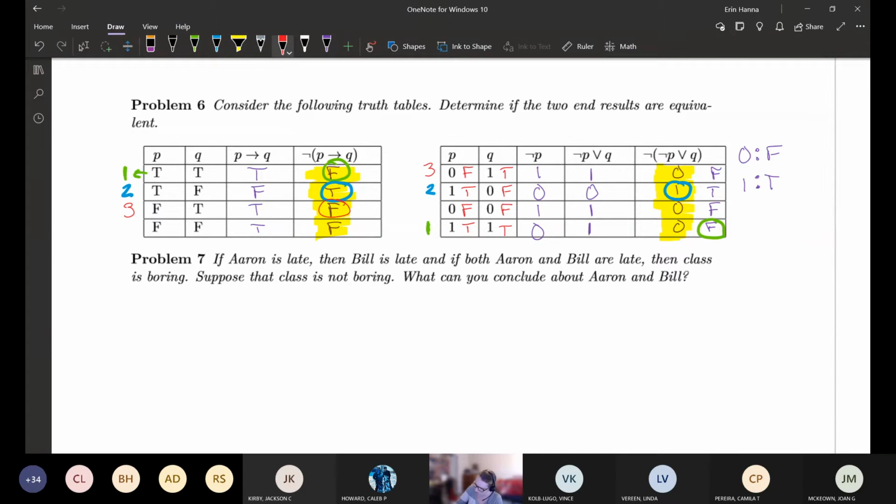So we're comparing a false to a false. That's good. And for the last one, our false implies false was actually the third row in the other one. So we're comparing a false to a false. Let me move that other thing over here. So actually, this still does turn out to be logically equivalent. Let me write that over here.